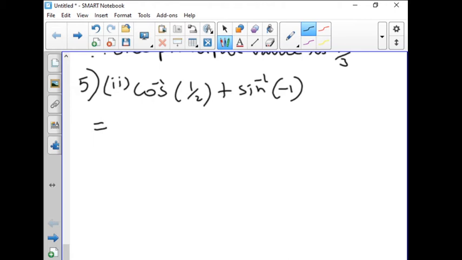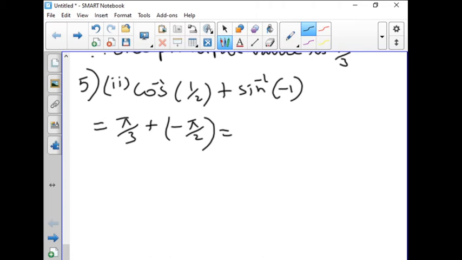Cos inverse of 1 by 2, the previous problem we have seen. It is equal to pi by 3. Sin inverse of minus 1 is nothing but minus pi by 2, since sin of minus pi by 2 is minus 1.